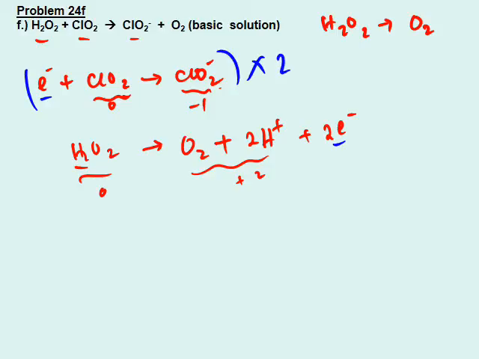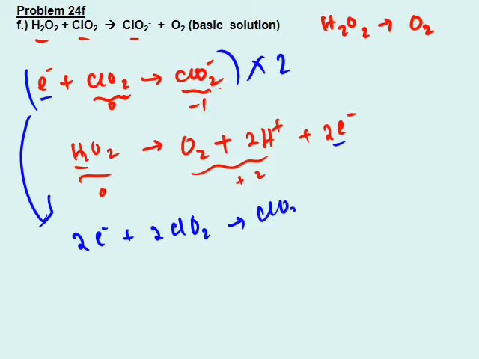So that would give me, let's write down that product here at the bottom. 2 electrons plus 2 ClO2 giving 2 ClO2 minus. So let me double check this: 2 electrons times 2 ClO2 giving 2 ClO2 minus.